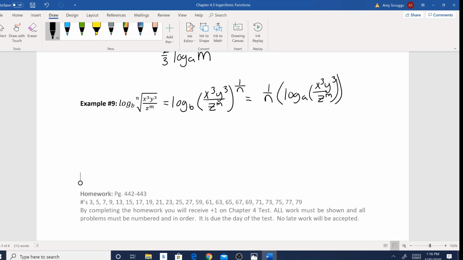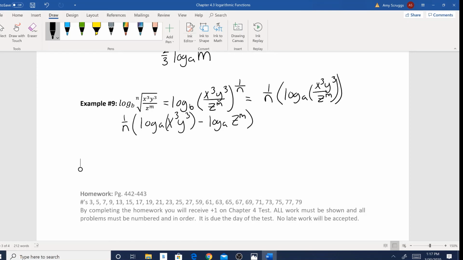Okay, so the thing you have to remember is that we have to have 1 over n in front of every single one of the expansions that we do here. So I'm going to do the same thing I did last time. I'm going to start by undoing the division. So 1 over n and then log a, and I'll do everything on top. So x to the 3rd, y to the 3rd, minus log a of everything on the bottom, so z to the m. All right, and now I'm going to break up just this beginning thing here.